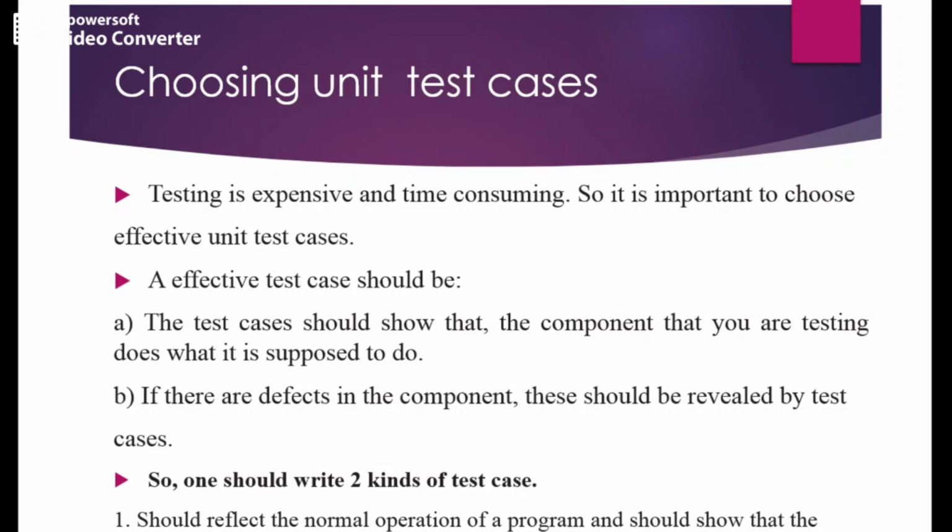So you build the test cases in such a way that the errors or defects are highlighted. Clear? One should write two kinds of test case. The first one should reflect the normal operation of a program, as I told you initially in validation testing, and should show how the component works.